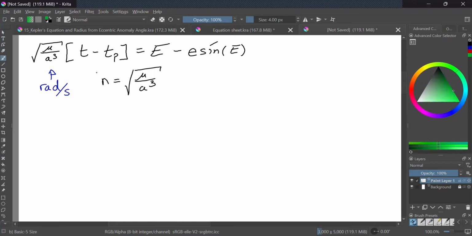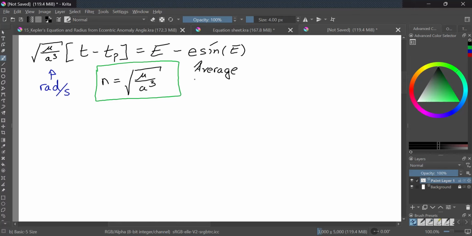And I'm going to go ahead and box it before I tell you its proper name. This is the average angular speed. Average angular speed, n. So throughout an orbit, this is, on average, the speed that it goes. It's fairly self-explanatory.